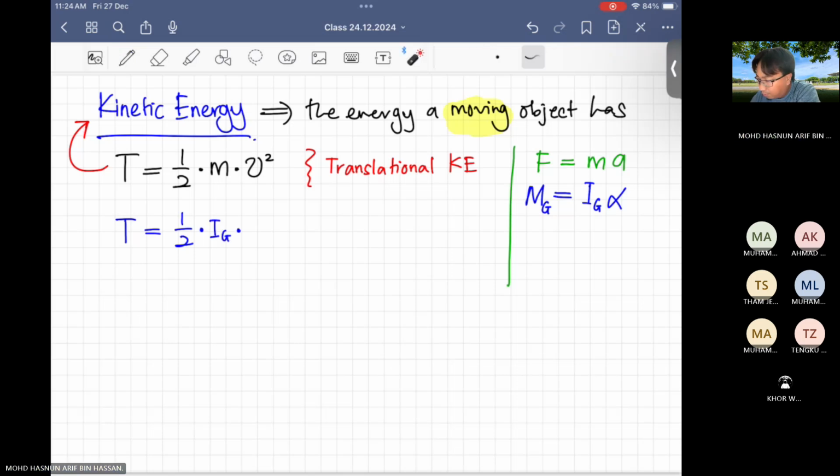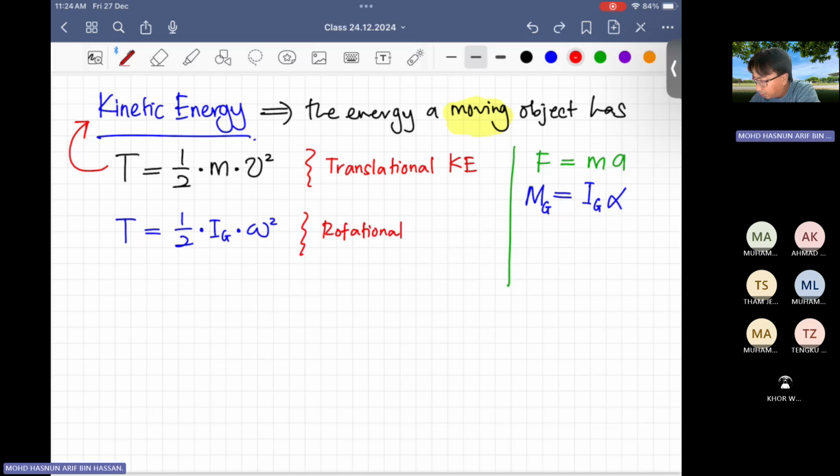And what about V square? Omega square, correct. So V becomes omega. So this is the rotational kinetic energy. So in dynamics, unlike what you have learned in physics, we have two terms of kinetic energy.